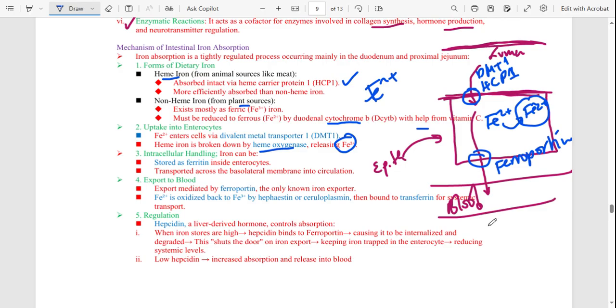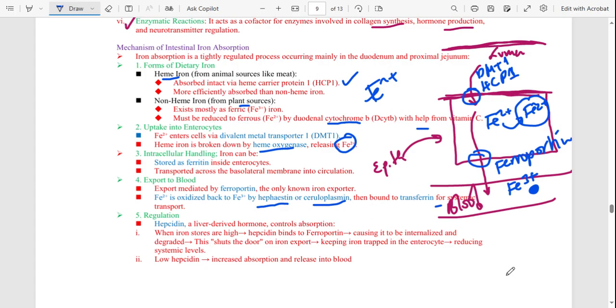The iron 2 plus is going to be converted back into iron 3 plus by hephaestin or ceruloplasmin. Once it is in the form iron 3 plus, it can now bind to what we call transferrin. Transferrin is the one that transports iron to be able to go to the rest of the body.